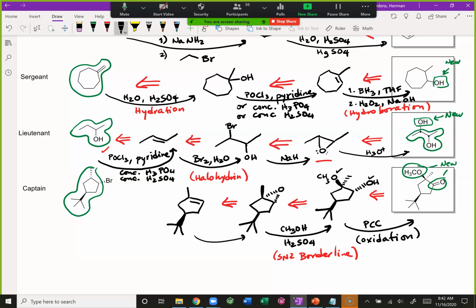Going forward, if you use MCPBA, this will be an epoxidation. The epoxide will be preferably formed dash or down. Oxidation, and finally you have gone from here to there.